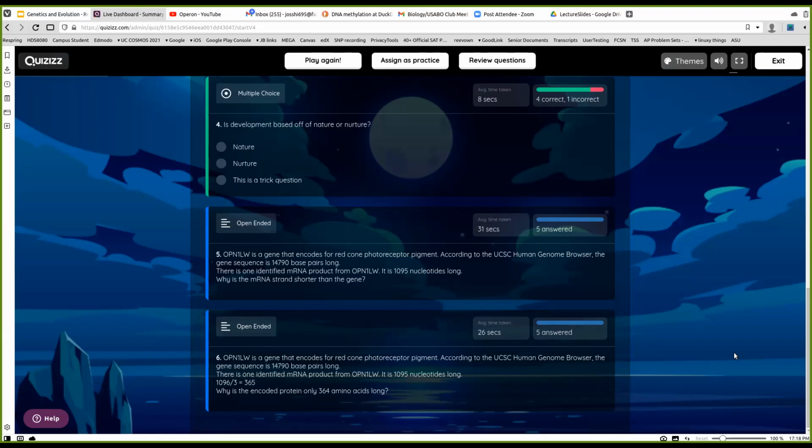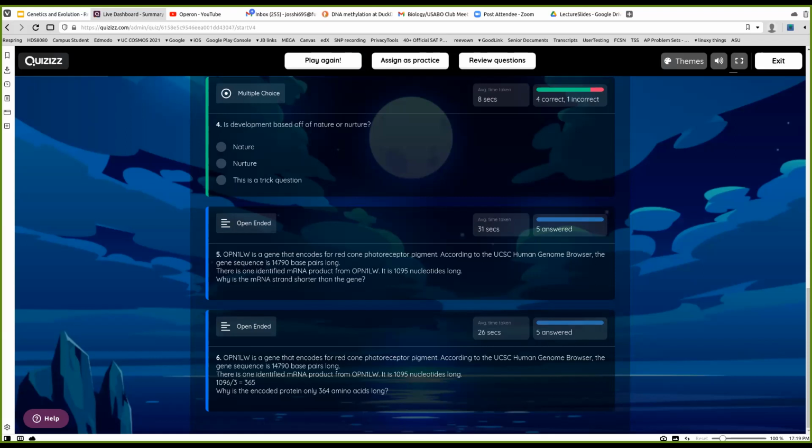The last one asks why the encoded protein in the end is only 364 amino acids long. This is tricky if you don't think about it, but remember all RNA strands have start and stop codons.